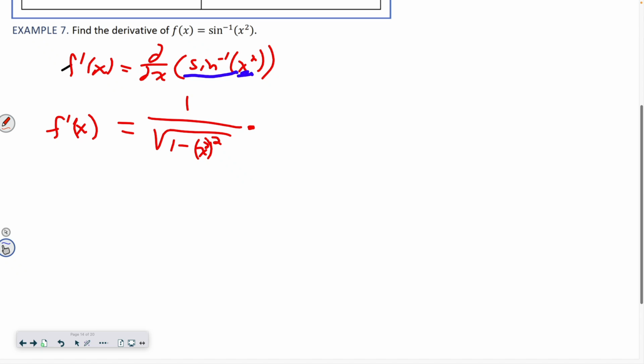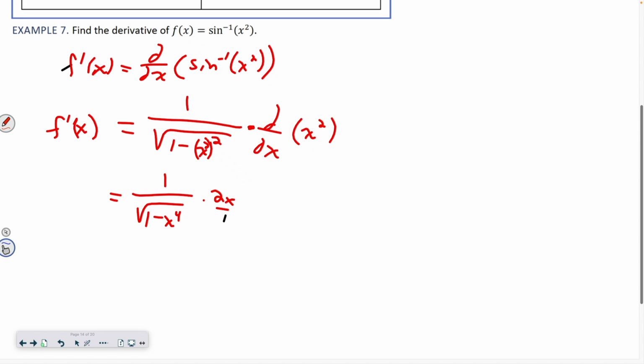You take the derivative of this with x squared, g left alone, times ddx of the inner function. And so now we have 1 over the square root of 1 minus x to the fourth times what? 2x. 2x. We can think of that as over 1. So I have 2x over the square root of 1 minus x to the fourth. Pardon me, where do you get the fourth? x squared squared. Oh, okay. Multiply.